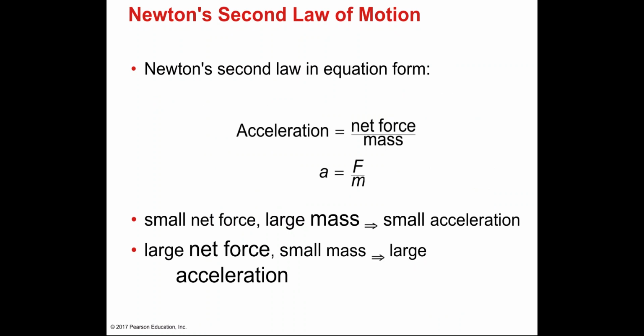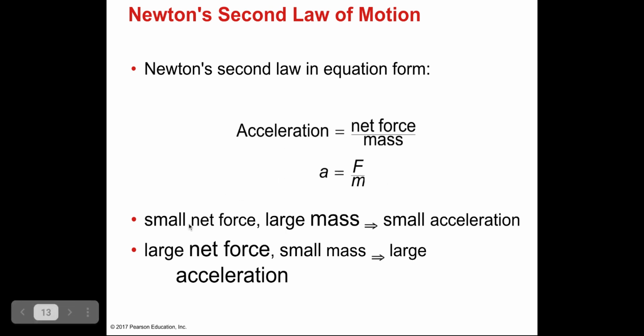And so the formula for Newton's second law says that acceleration is equal to the net force divided by the mass. So this one here is something you really need to pay attention to. Acceleration is equal to force divided by the mass.